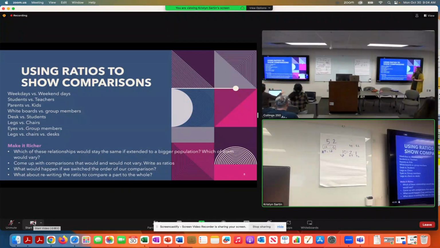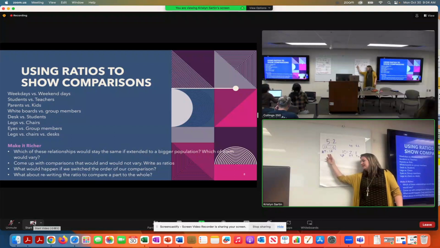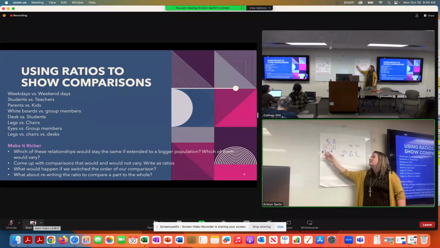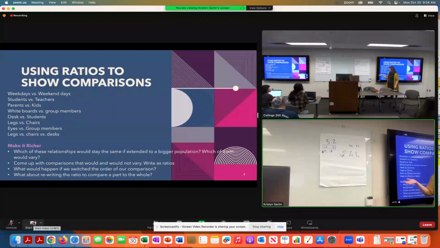My ratio would stay the same. Yours would. This one? And what is it? It's number of eyes versus group members. Number of eyes, is it 24? Yeah. Okay, 24 eyes compared to 12 group members. Okay, yours would probably stay the same, very likely.